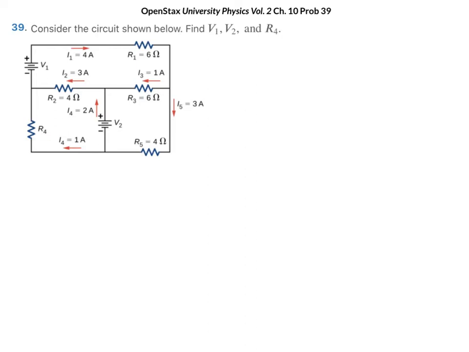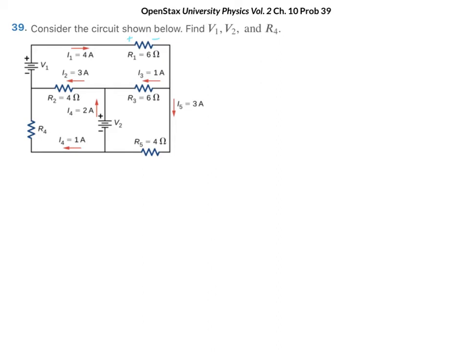So first thing I'm going to do is label the ends of the resistors with pluses and minuses. So we have a potential here. This is the highest potential. And as it's passing through the resistor, there's a potential drop. So that means that this end of the resistor is at the higher potential, that is at the lower potential. So I'll label that with plus and minus.